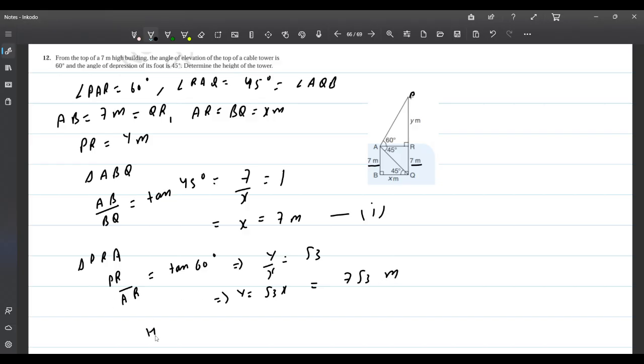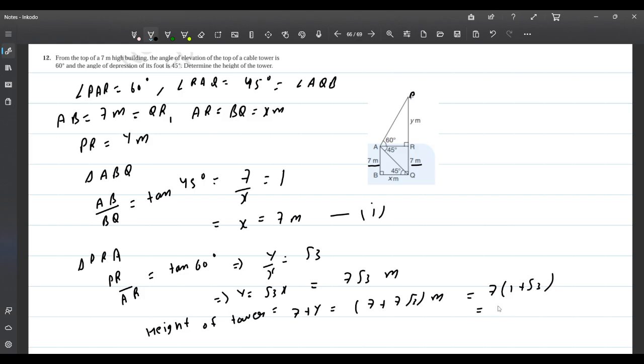So the height of the tower is 7 plus y. So this is equal to 7 plus 7 root 3. If we take out the common 7, what we have left is 1 plus root 3.